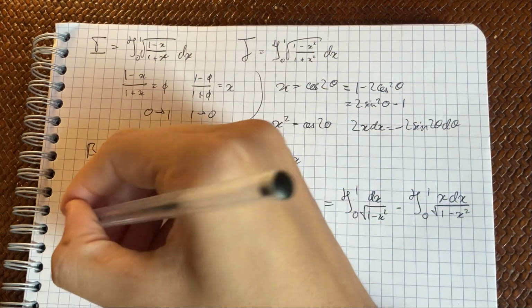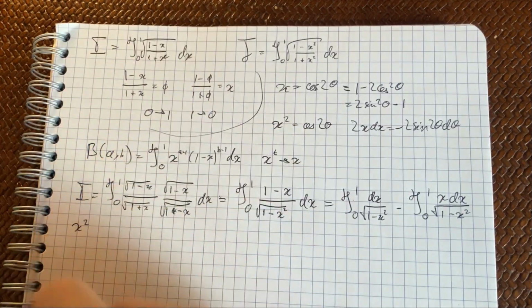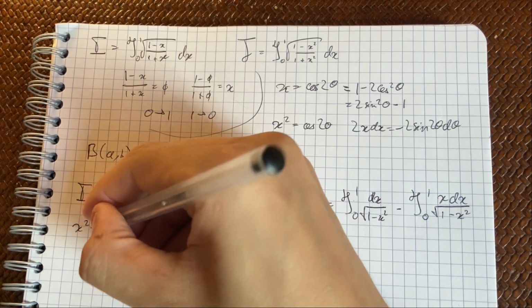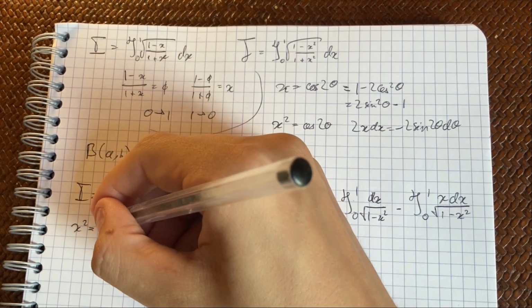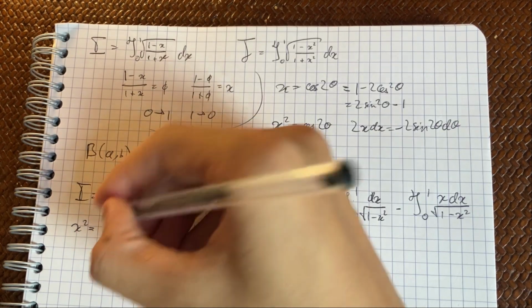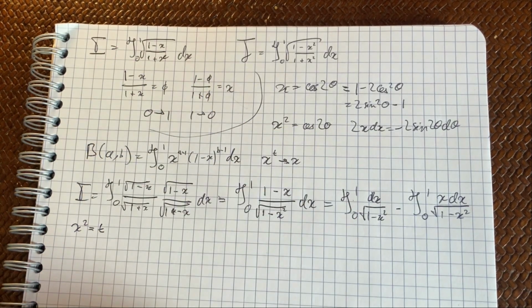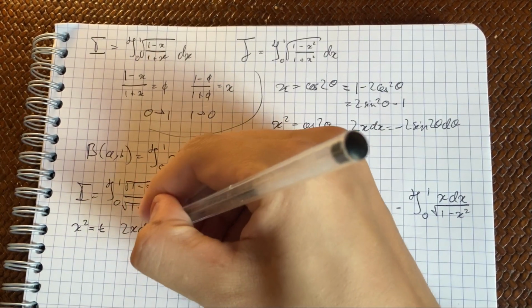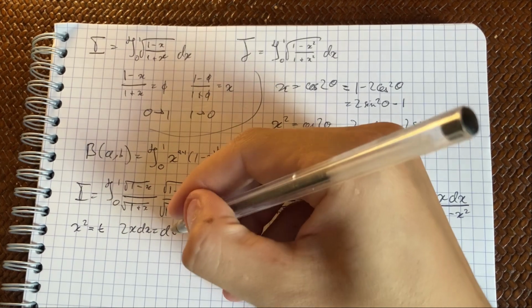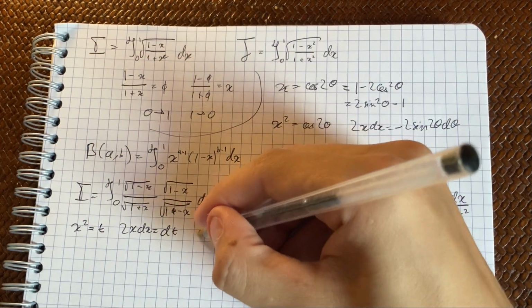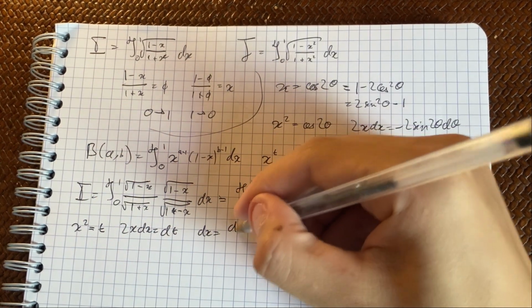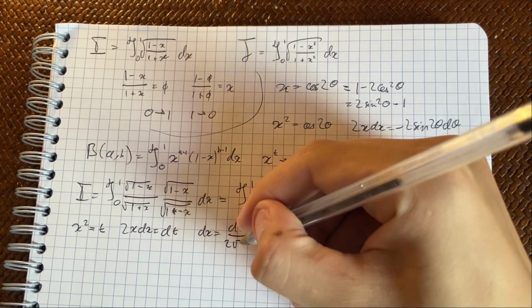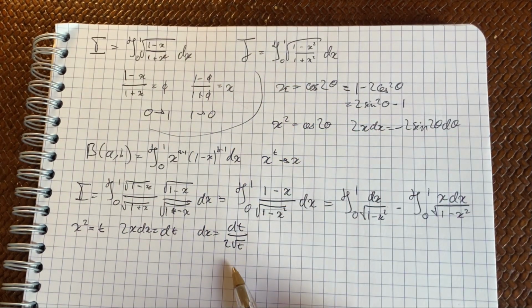And then we let x squared in both cases be equal to, let's say, t. Then 2x dx equals dt, and dx equals dt by 2 square root t.